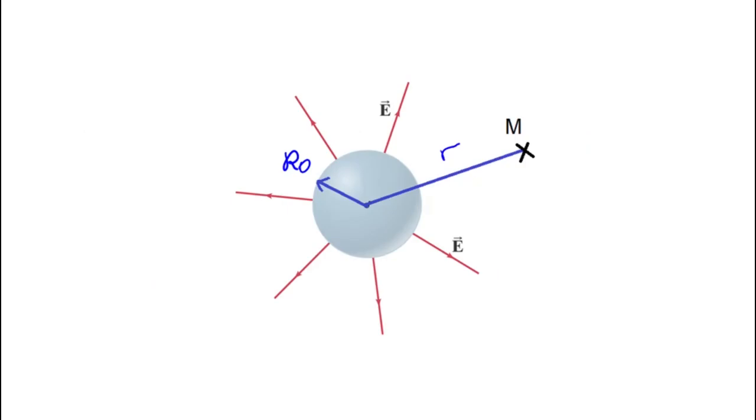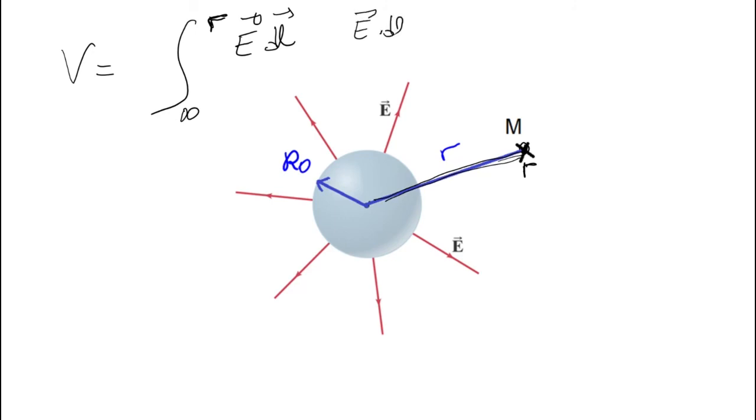The definition of electric potential is given by V equals the integral from infinity to the point M, which we represent by r, of E dl. E dl is E dl cosine of theta. We said we come from infinity to the point M.